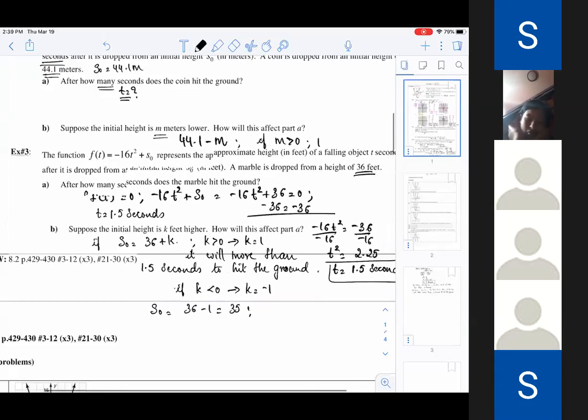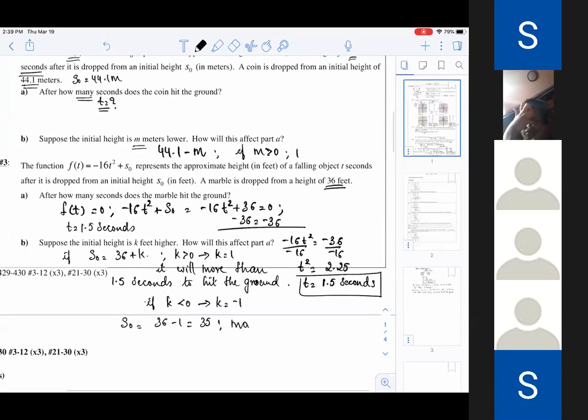So the marble will take less time. Okay, that's what it is.